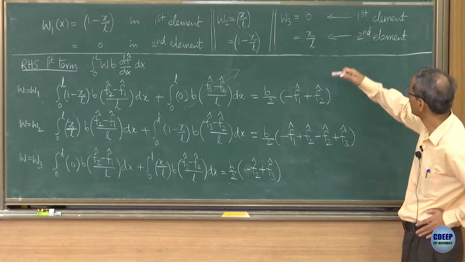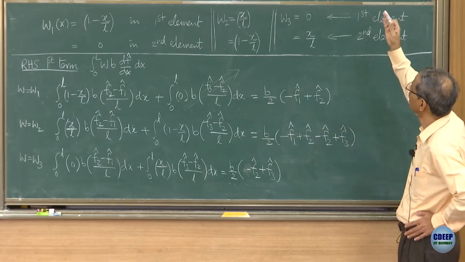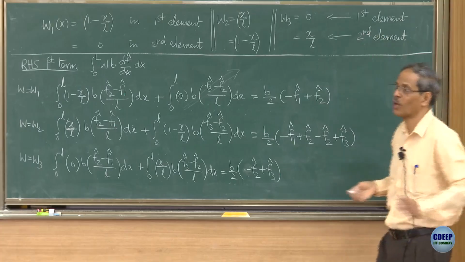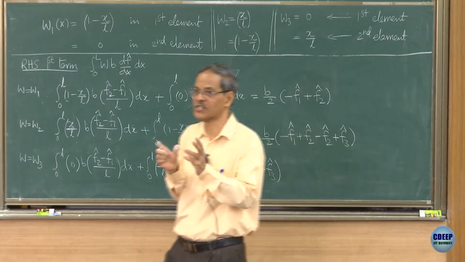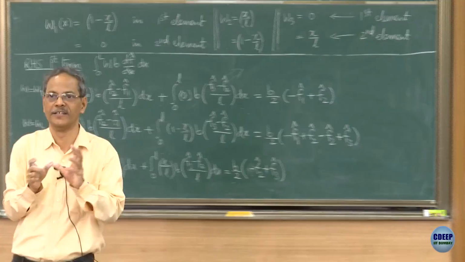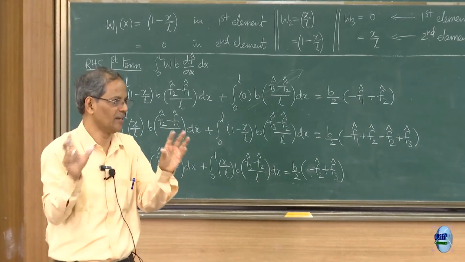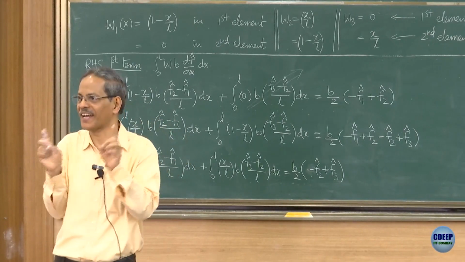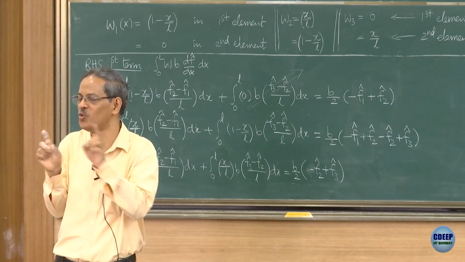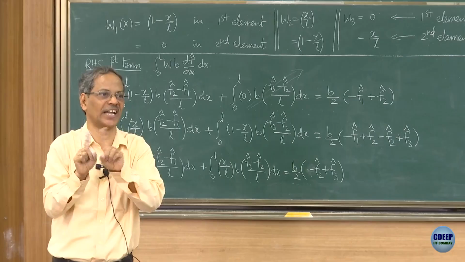So if you see how the calculations are going, or even at the left hand side, you would notice that it is very similar computations for the first element and the second element. I just have to keep track of the nodes which the element is connecting.